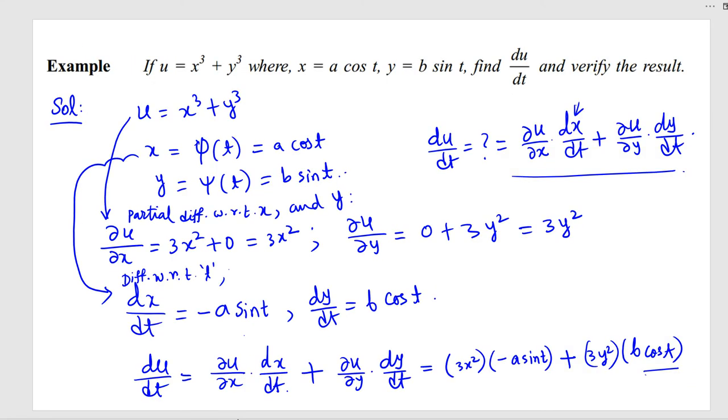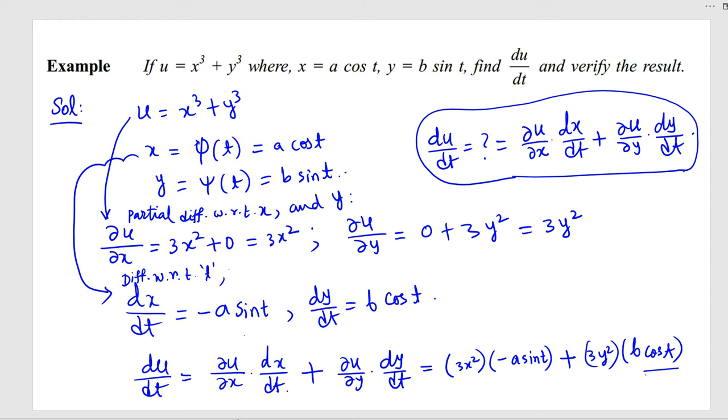We are not focusing on this curve. They are intermediate variables. See the structure there. You don't think about their curve, whether their graph, you don't bother about their graph.